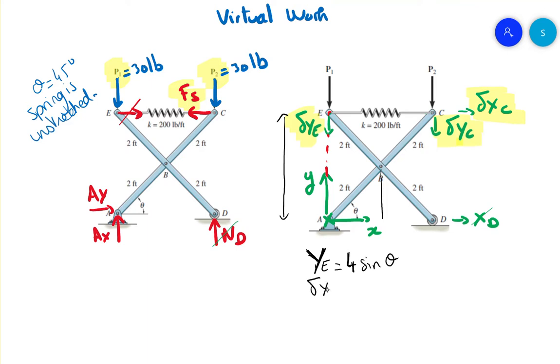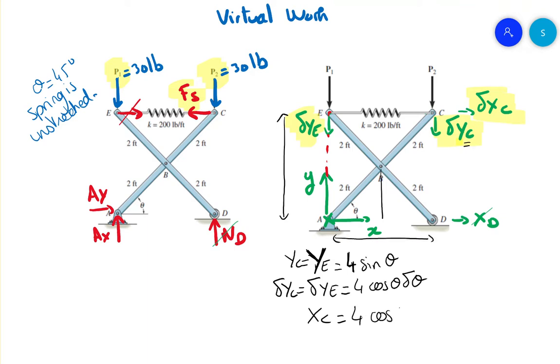So delta YE is equal to 4 cosine theta delta theta, and it's also equal to delta YC. And now for XC, it's equal to this distance, 4 plus 2 cosine theta. So delta XC is equal to minus 4 sine theta delta theta.